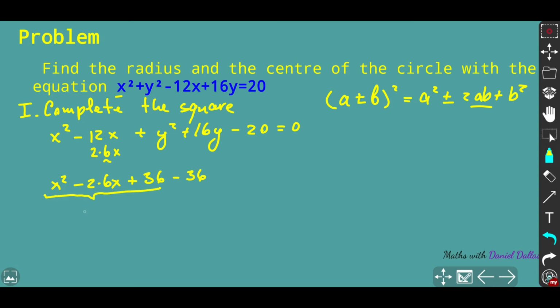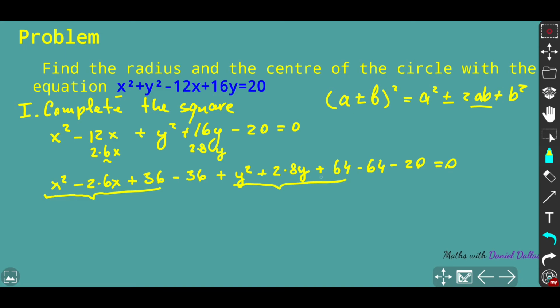Next, the part related to y values. Y squared plus 16y is 2 times 8y, so we use 2 times 8y, and we need to add 8 squared, which is 64. We take away 64 immediately, and minus 20 as well. And that's also a completed square according to the formula.